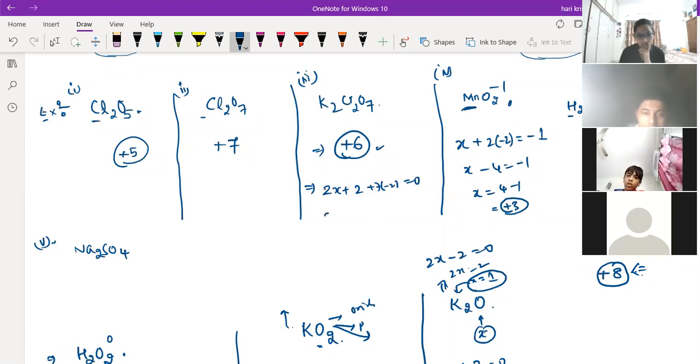So 2x plus 2 minus 14 is equal to 0. Then 2x equals 14 minus 2, which is 12, so x equals 6. Now you got the answer. I got this answer long back, sir.